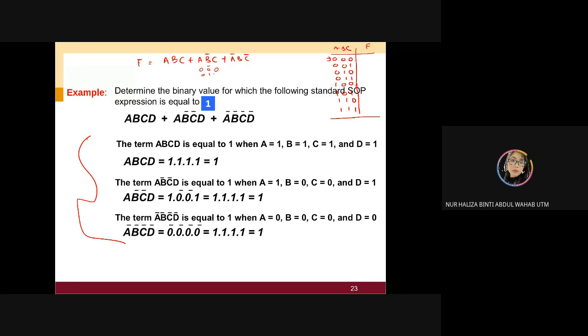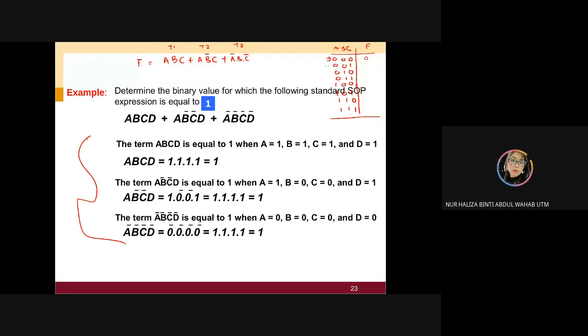Still 0 because I need 0, 1, 1. I apply the similar input to the third term: 0 bar, 0, 0 bar. I get 1, 0, 1. Still, because I'm using the AND gate, this is multiplication, I get 0. That's why my output will be 0.